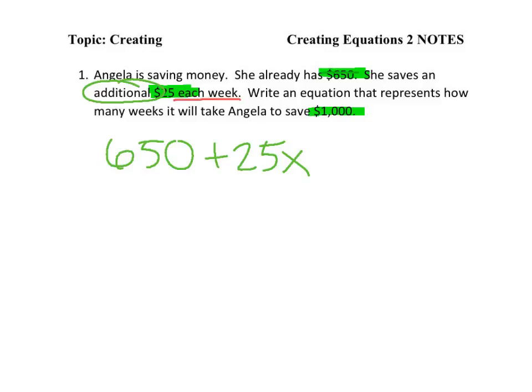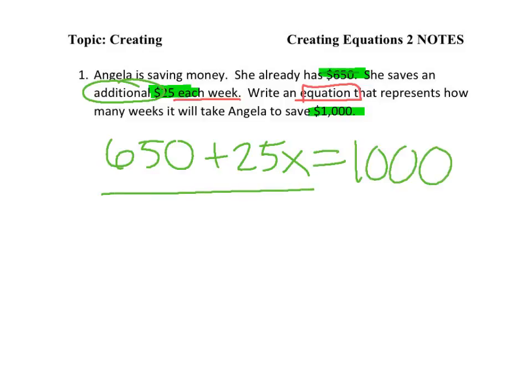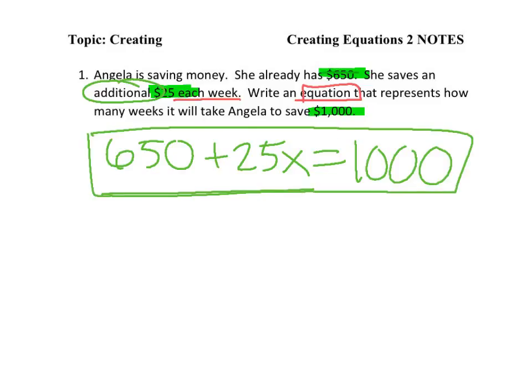Now this does say that you have to create an equation, which means I'll need an equal sign. And we want to figure out how many weeks it will take Angela to save $1,000. So if I have my expression right here, I can put equals 1,000. This is our equation for this scenario.